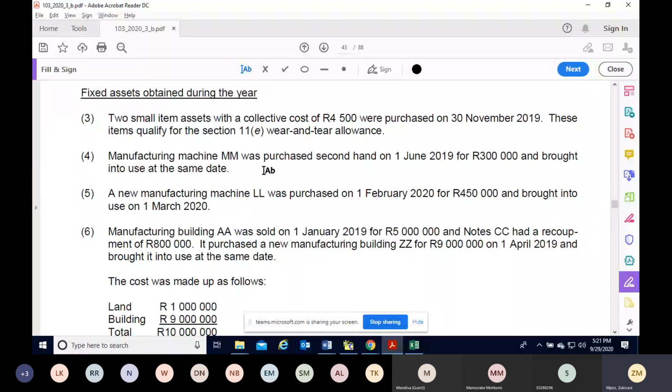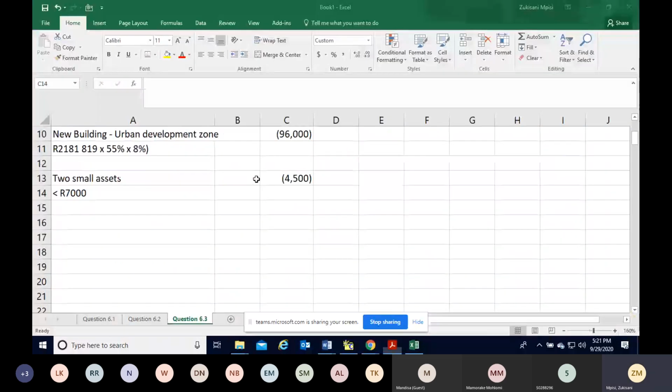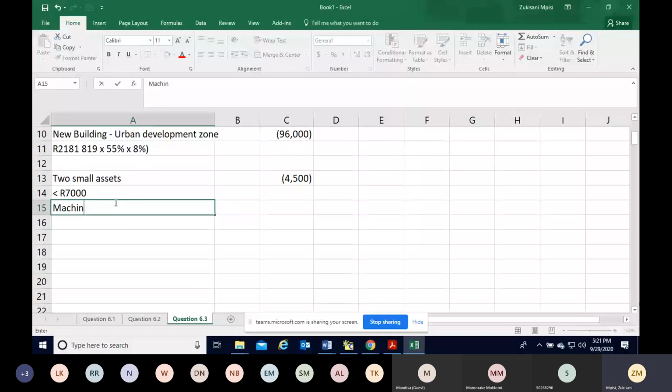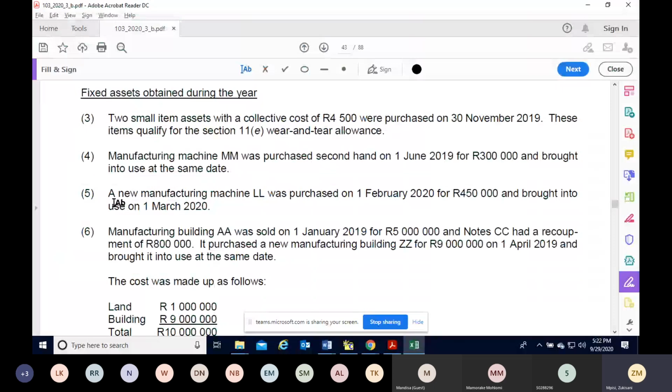A manufacturing machine was purchased second-hand on 1 June 2019 for 300,000 and brought into use the same date. So remember, for the machine we are going to apply section 12C, but we are going to apply the second-hand part. So what does the second-hand part say? The second-hand part says we have to write off 20% over 5 years.